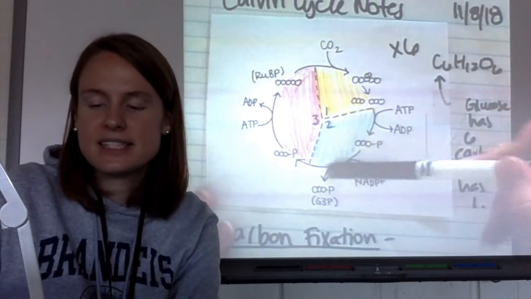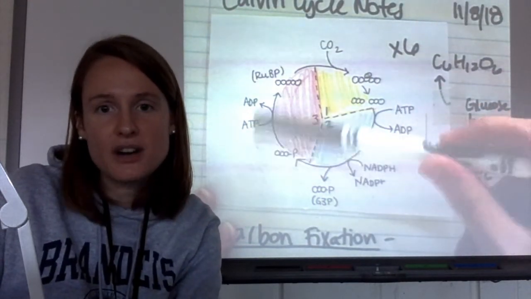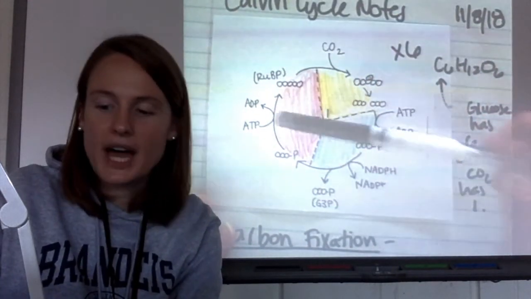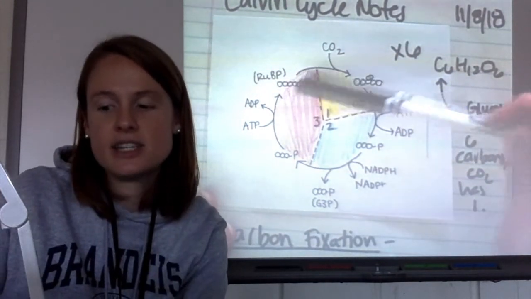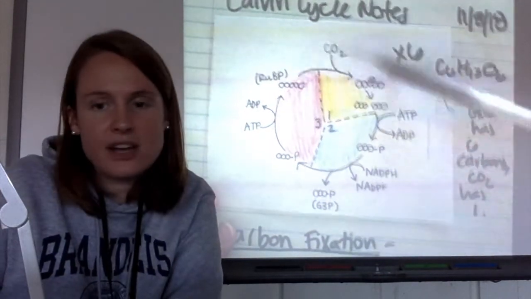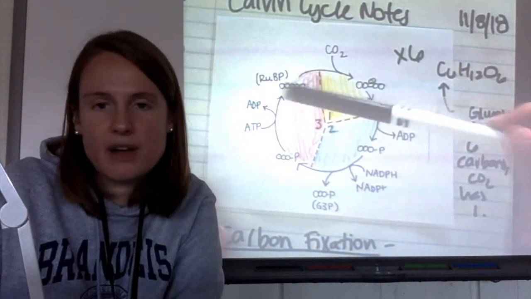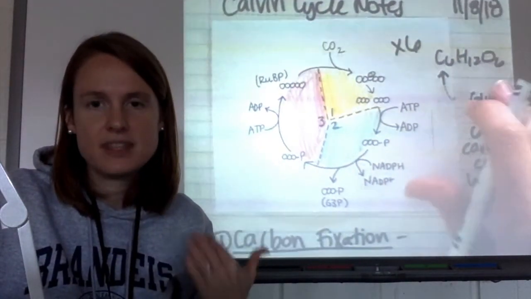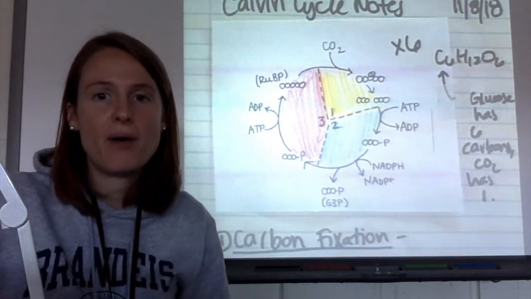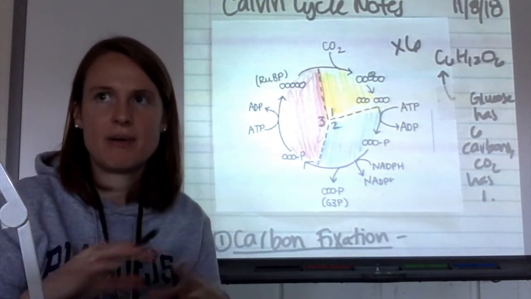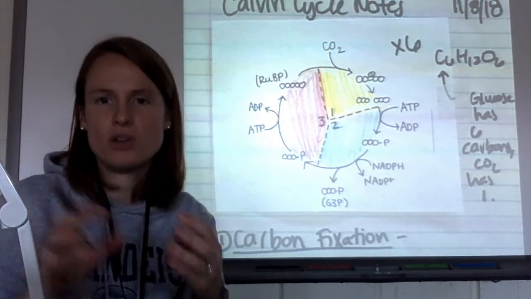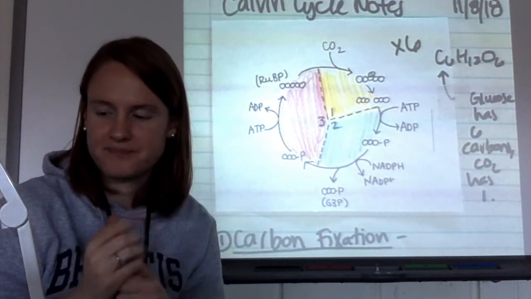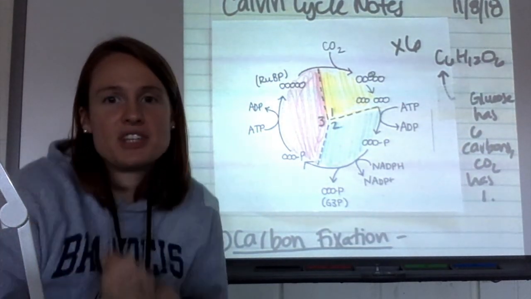And then some are going to be used to regenerate RUBP so that you have that 5-carbon chain again to start this cycle, because you can't do the cycle if you don't have RUBP. So again, the video that you're going to watch next, the TED Ed, will have more about that whole process. It does a really good job of making a cartoon to show you how that works, how it's regenerated. Okay, if you have questions, ask me tomorrow.